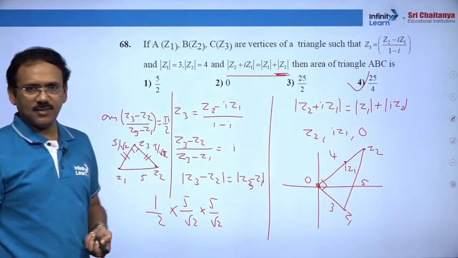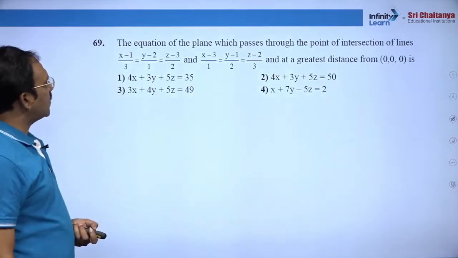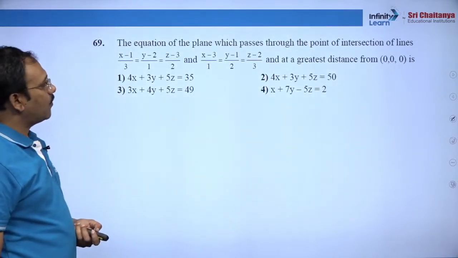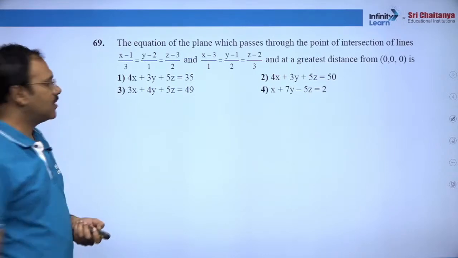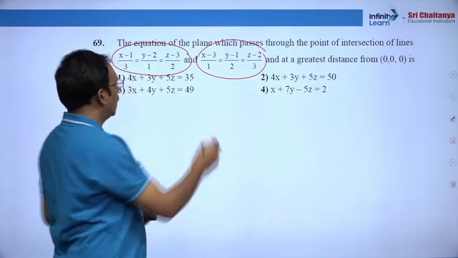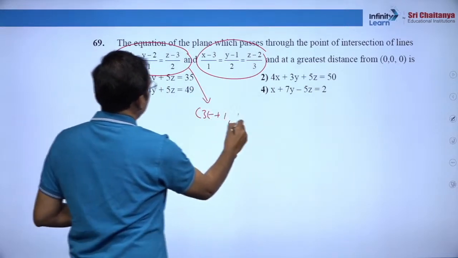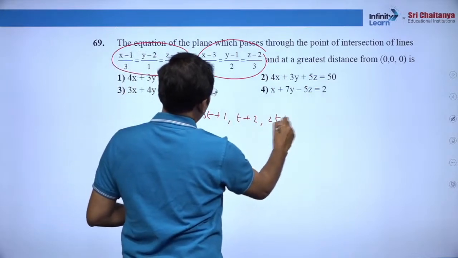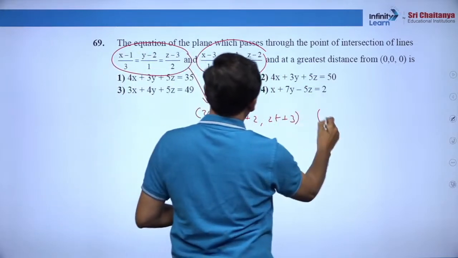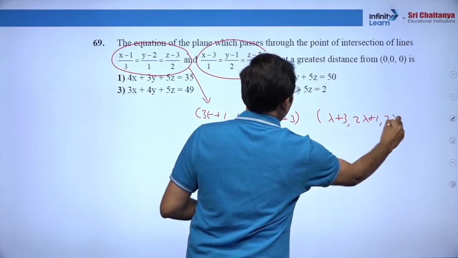Okay. Next, the equation of the plane which passes through the point of intersection of these two lines. I think you know, dear friends, how to find the intersection of two lines. You take the general point here like 3t plus 1, t plus 2, 2t plus 3, and here the general point is lambda plus 3, 2 lambda plus 1, 3 lambda plus 2.